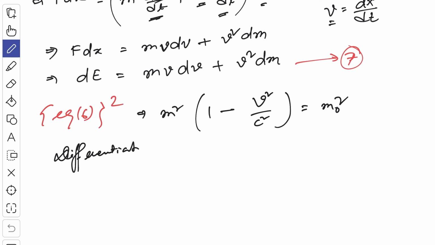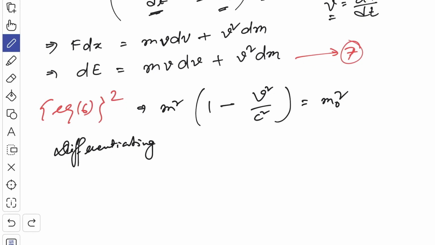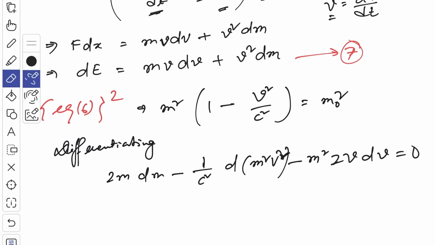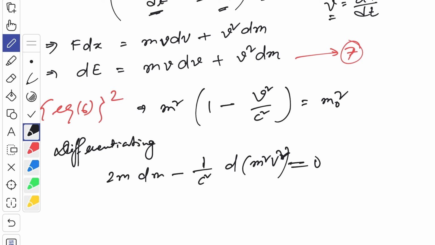Differentiating, we get twice m dm minus 1 by c square d of m square v square, minus m square 2v dv is equal to 0. Here m naught is constant.